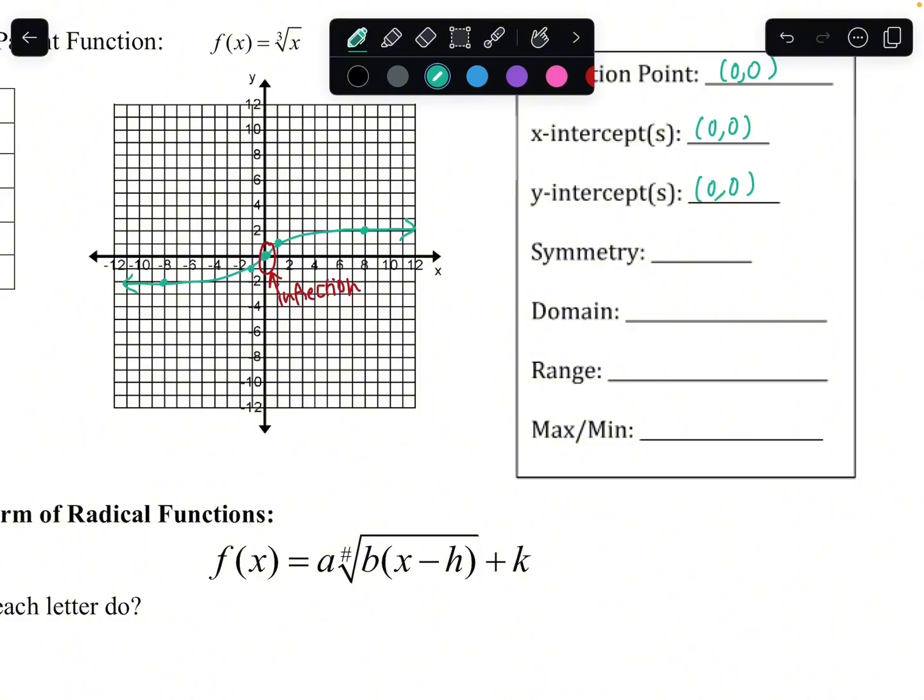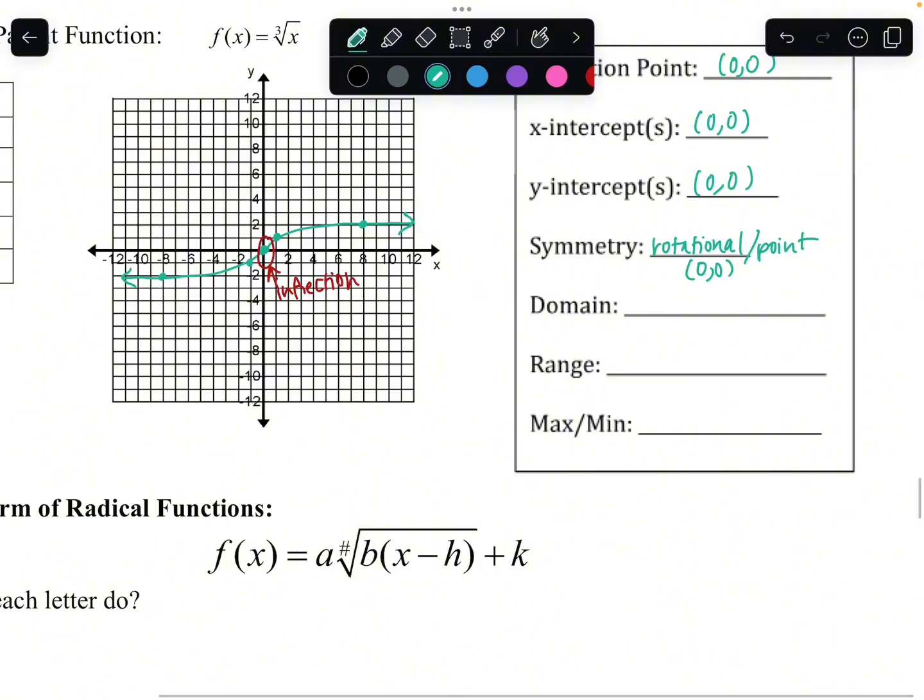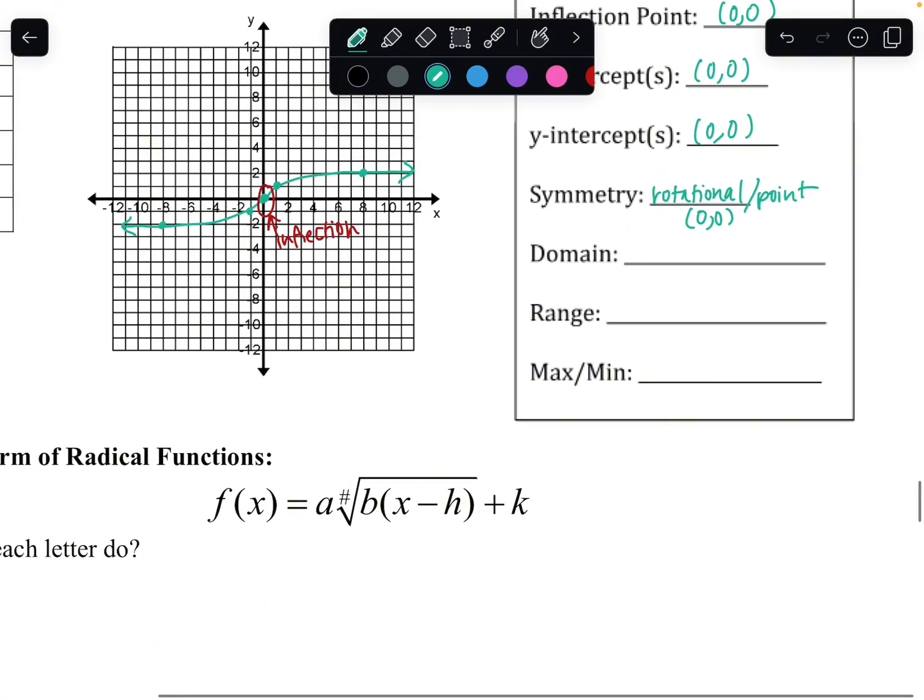And just like with square root, that means its x-intercept and y-intercept is (0, 0). And then the symmetry, there's point symmetry or rotational symmetry, which you may remember from geometry. And it's about the inflection point. So the inflection point will always be the point of symmetry. And then the domain for cube root is all real numbers.